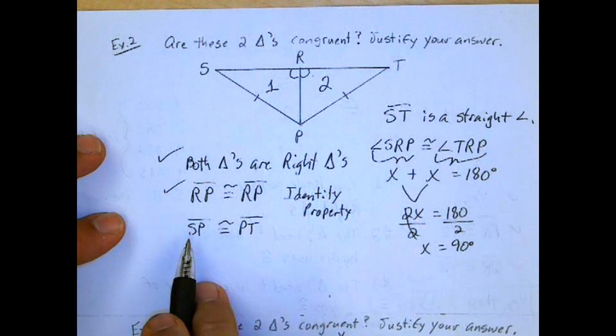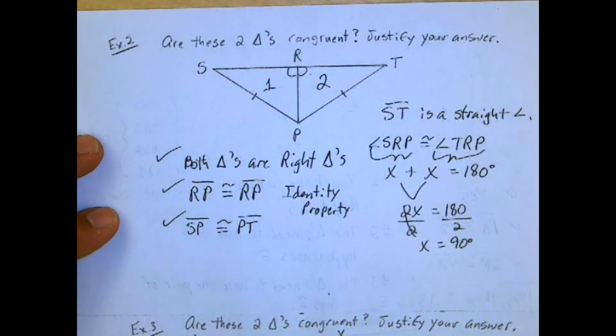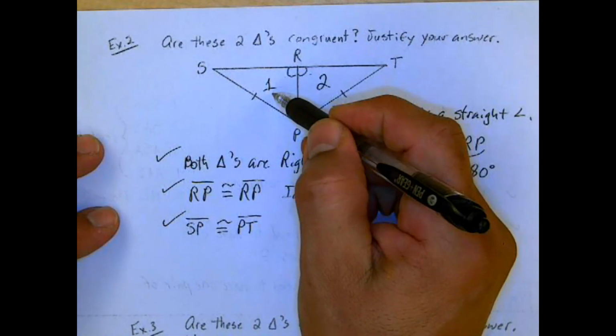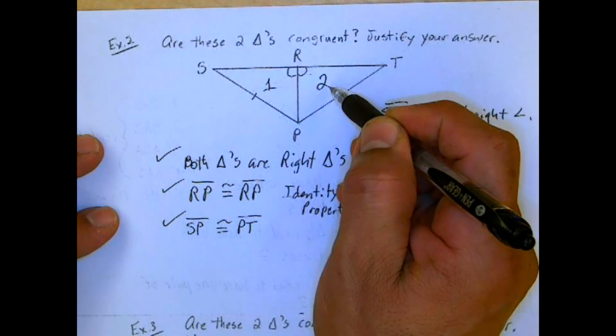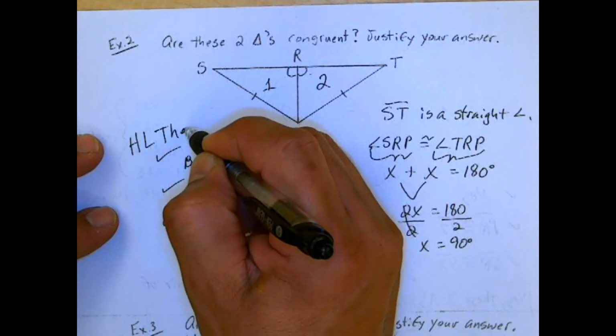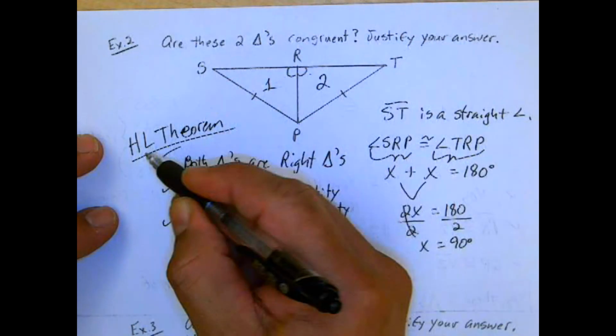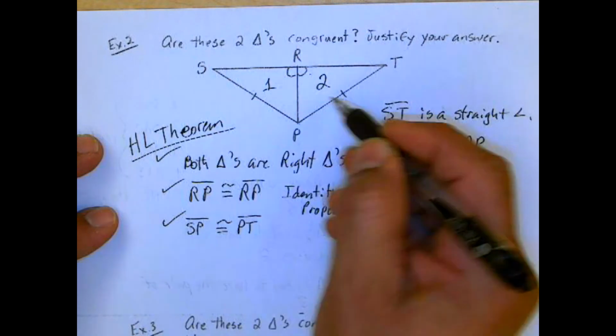So the hypotenuses are also congruent to each other. And what we can say now is that triangle number 1 is congruent to triangle number 2 by the HL theorem. These are all pieces of information that help you prove using HL theorem that both triangles are congruent to each other.